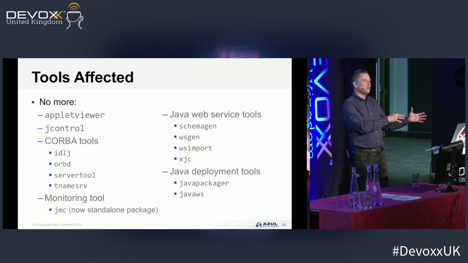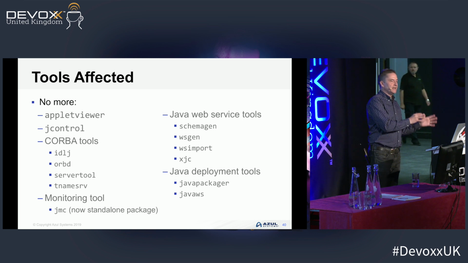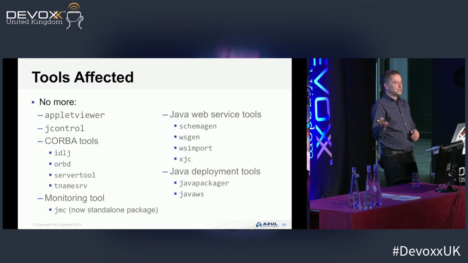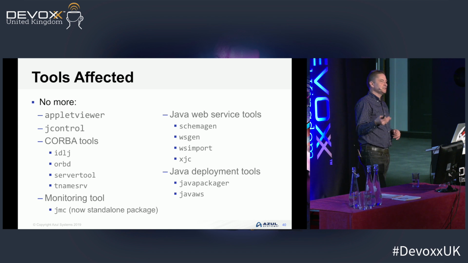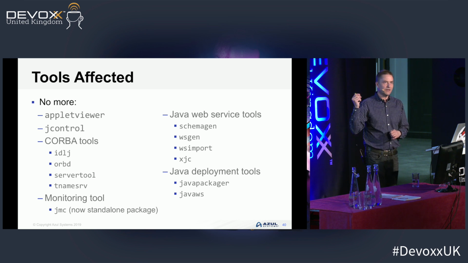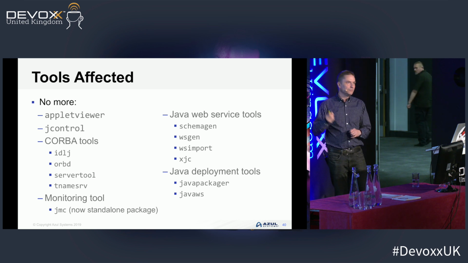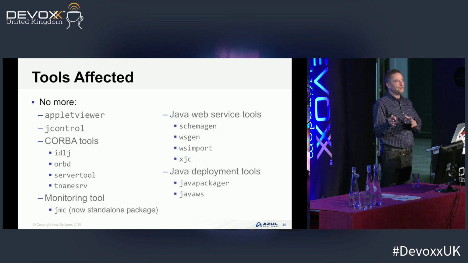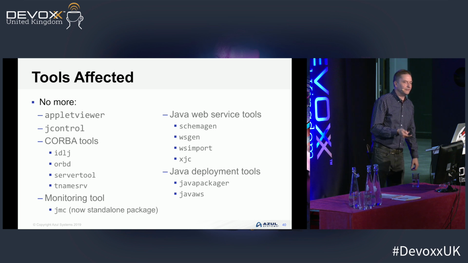Although it was part of the Oracle JDK, and it has been contributed as open source, it's now a standalone package. Then the Java web service tools for JAX-WS: schemagen, wsgen, wsimport, xjc, and the deployment tools. And again, this is something that some people have been caught out by. Java Packager, they are trying to build a new version of that, and javaws.